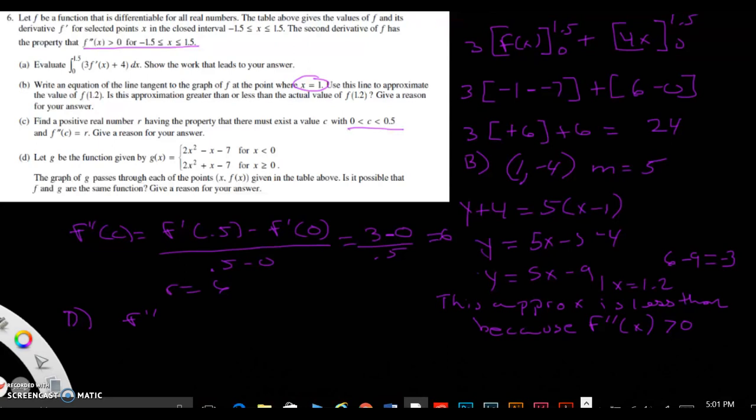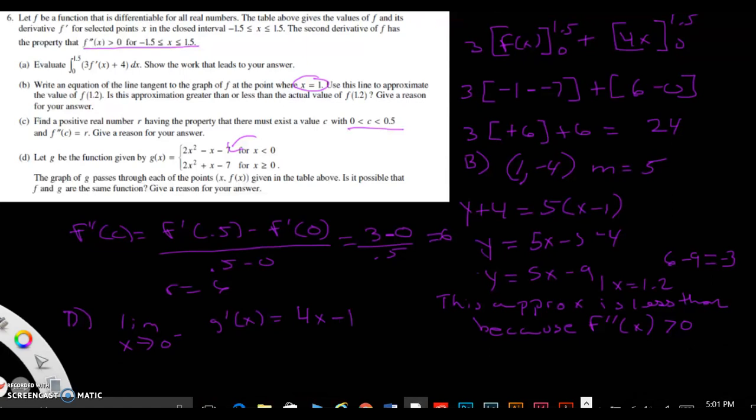What we could do over here is, actually, we don't need f double prime. Let's think. So we could say it's probably a limit. Let's try the limit as x approaches 0 from the left, which is going to be the derivative of g of x. What's the derivative of this guy? 4x minus 1.